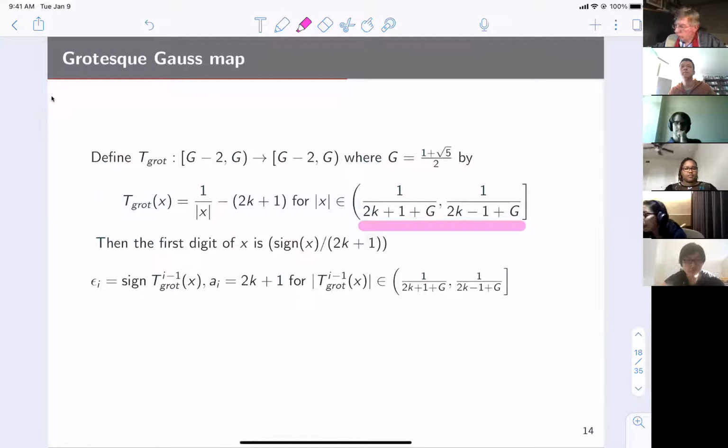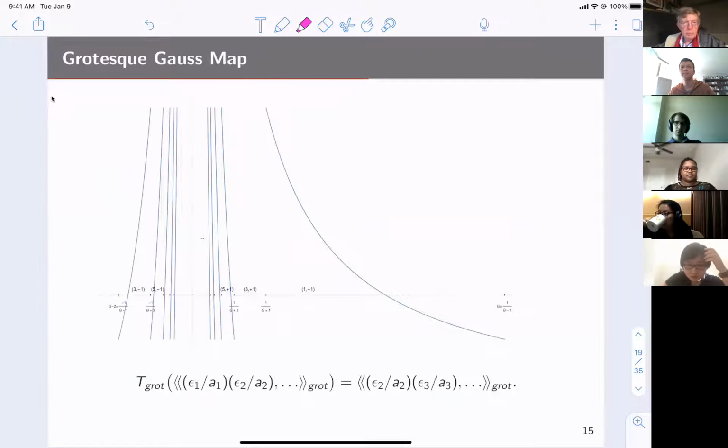But again, we iterate and just keep track of the signs and what we subtract every time to get all of the digits. But our intervals are very different. It looks like this now. And you can actually see that we have a full branch here for the 3 minus 1.